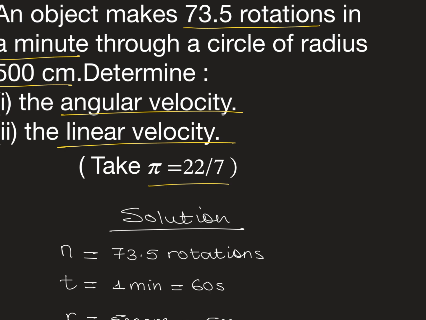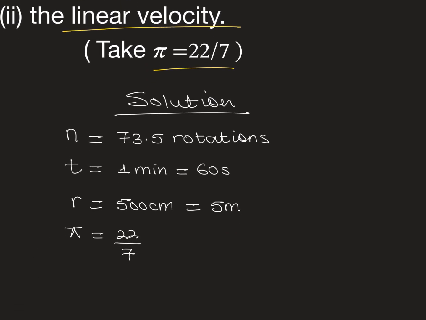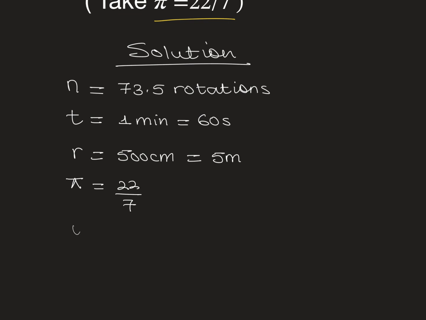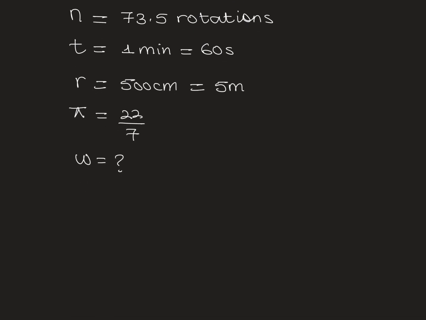So going on to answer the question, we want to find the angular velocity, that is omega. We can know the angular velocity by first finding the frequency. The frequency is given by the number of rotations divided by the total time.